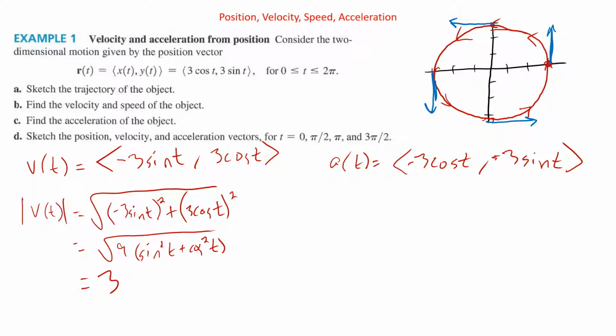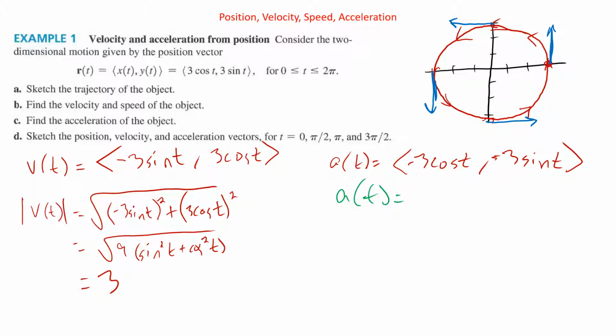And the acceleration is kind of fun for a circle because, let's see, I'll go with green. If we notice, we have negative 3 cosine t, negative 3 sine t. The original function was 3 cosine t, 3 sine t. That's the radius. The acceleration is the negative radius.